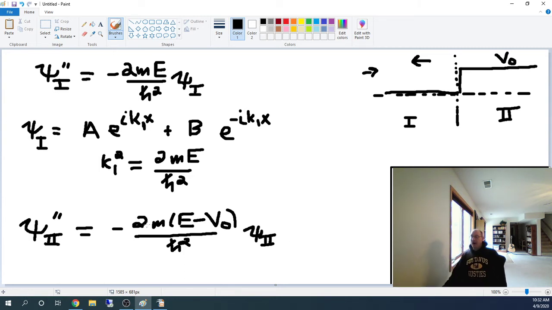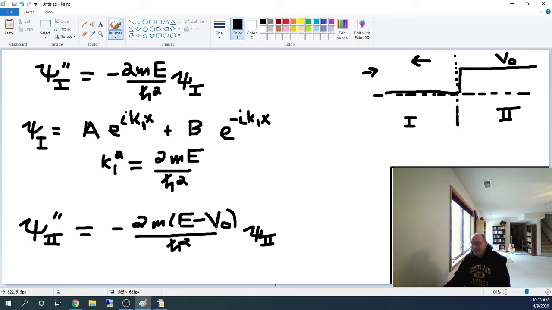The things to consider are, well, this quantity in parentheses could be positive or negative. It depends on the energy of the incoming particle, the energy that the particles have when they're in region 1. If the particle has more energy than the potential, so E is greater than V0, then this is a positive number, which means this overall coefficient would be negative because of that minus sign there.